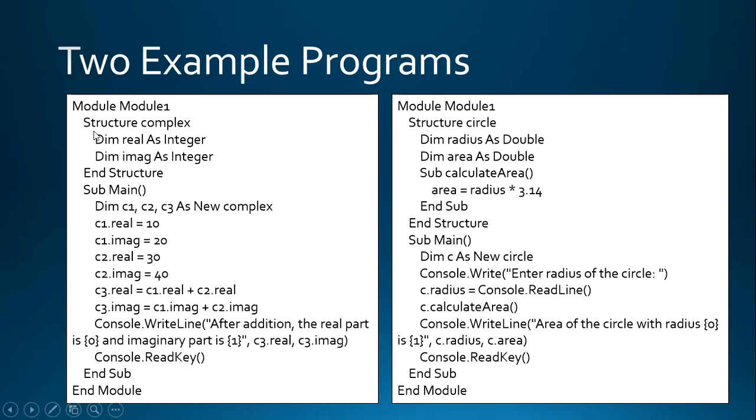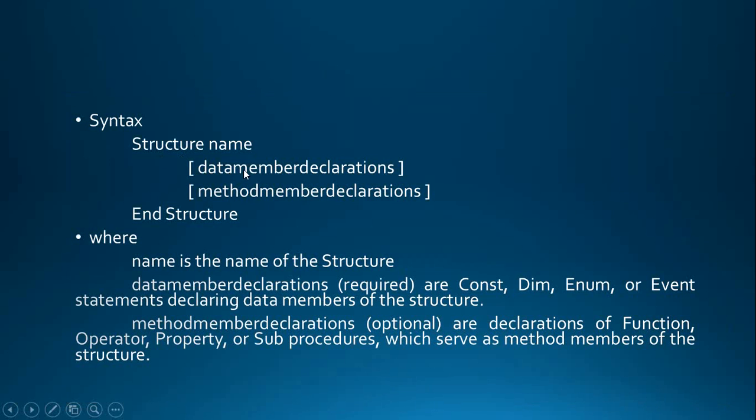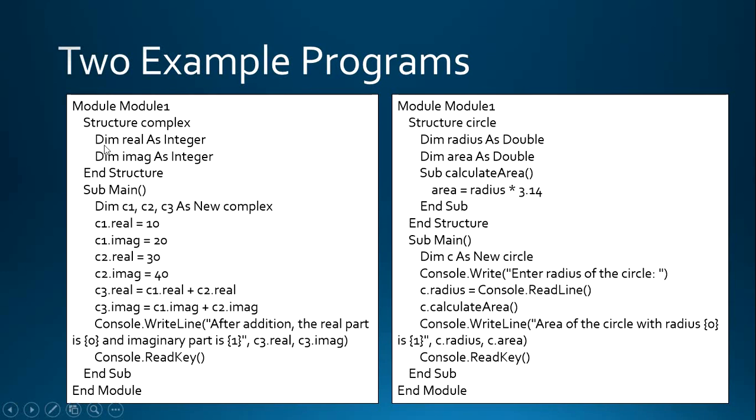integers. So first of all, inside the module you start the structure. So you create the structure. The name of the structure is complex, and then inside the structure you are going to declare the data members here. The data members are real and imaginary.